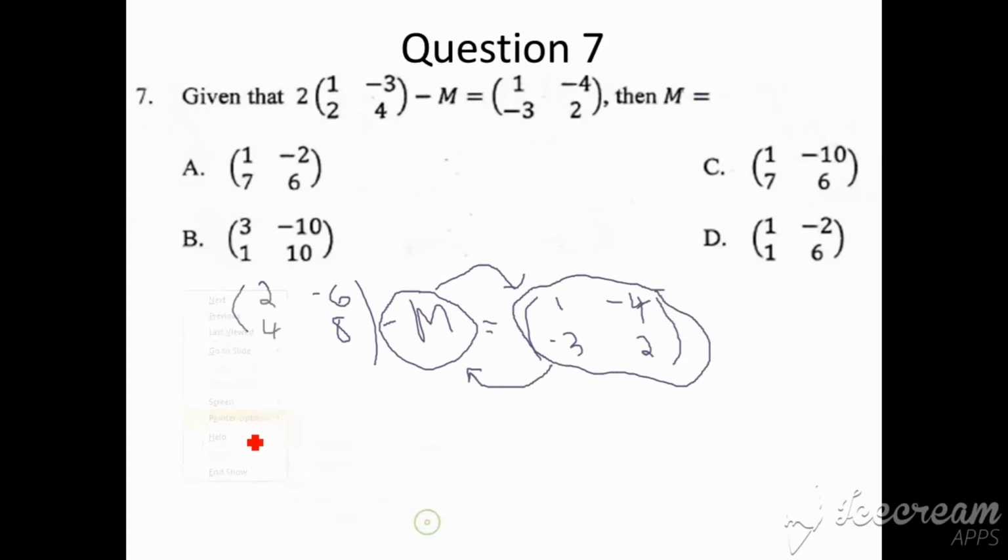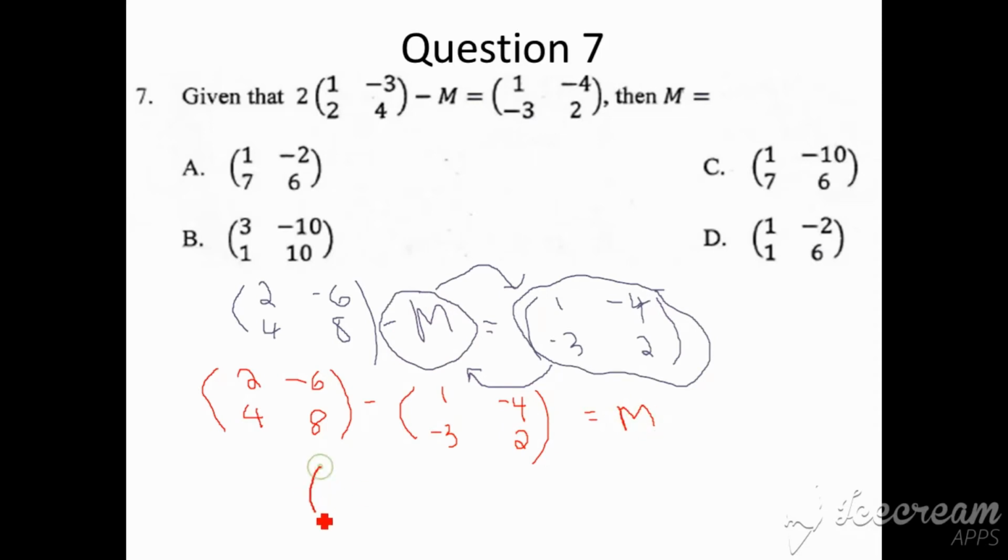So now you have 2, negative 6, 4, 8. This is a positive matrix. When you move it to the left hand side, it becomes negative 1, negative 4, negative 3, 2. Equals negative m, you move to the right hand side, becomes positive m. Okay, and then you just do subtraction. 2 minus 1, 1.